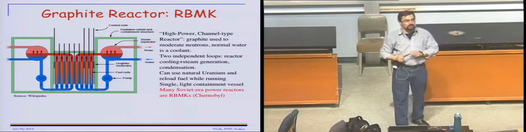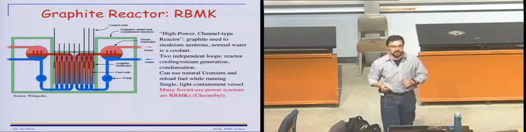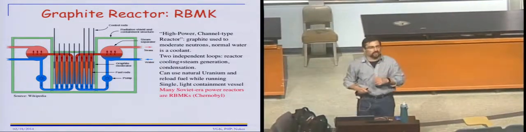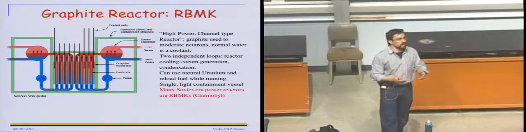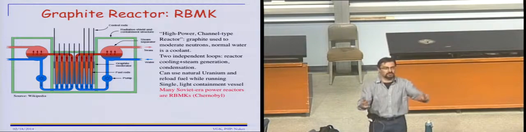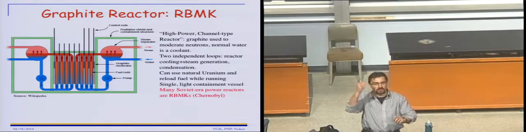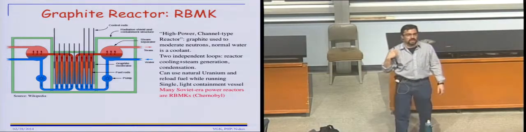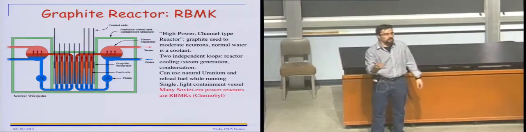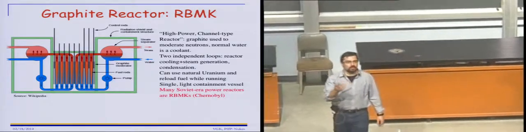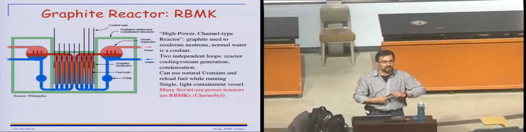At low powers, the reactor was unstable. This was actually known to reactor designers, and so they published a manual that said, under no circumstances should you run this reactor at low power. There was a limit of about 700 megawatts for a reactor of the Chernobyl type. And so if you're normally producing electrical power, that's fine. You're running this reactor at a typical thermal power output of about 3 gigawatts.